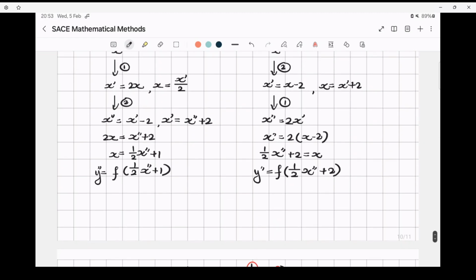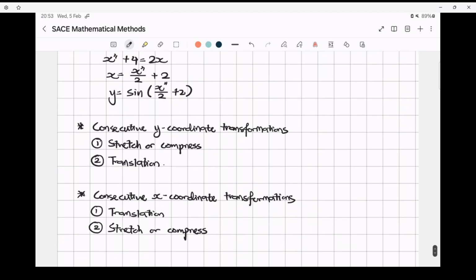Similarly for the y coordinate transformation. If you follow exactly this order of transformations, then the stretch or compression factor or the translations, all the numbers will remain the same as what is given in the question. This is the only thing that I need to stress.